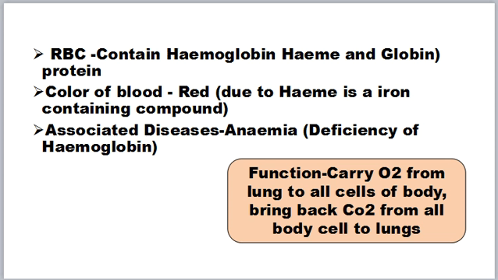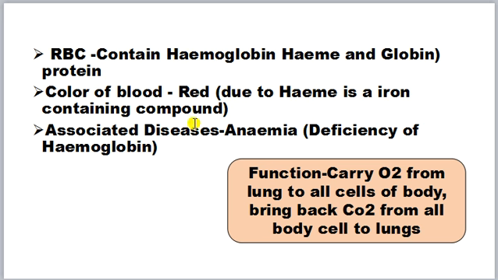If we talk about RBC structure, the RBC is made up of hemoglobin. It has a heme compound which contains iron inside this heme molecule, and the other one is a globin protein. So the red color of blood is due to the heme, a pigment where the iron is present.